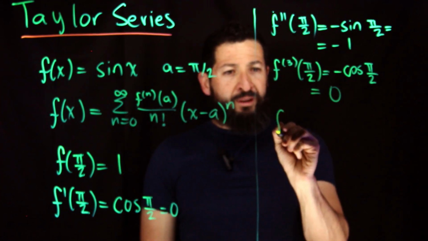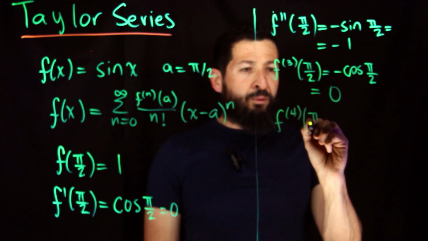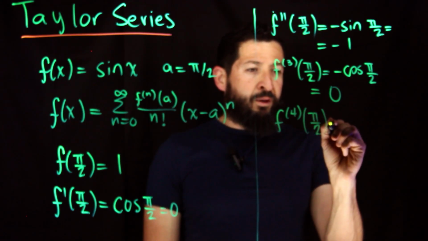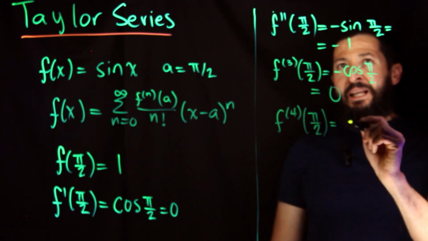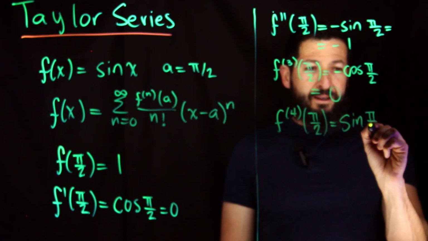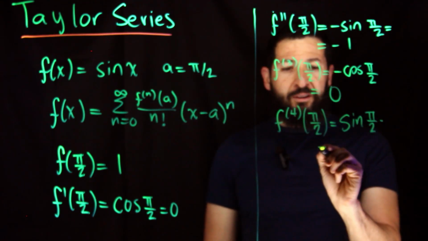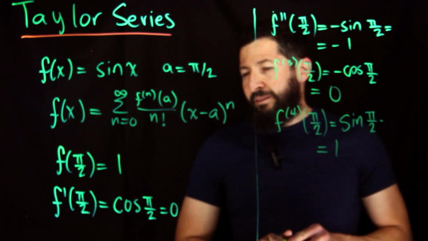And by the fourth derivative, as I said, we will probably have the pattern down. I'm going to evaluate it at pi over 2. And that is going to be the derivative of the negative cosine, which is the sine. At pi over 2, let's put it down here in case I'm running out of space.